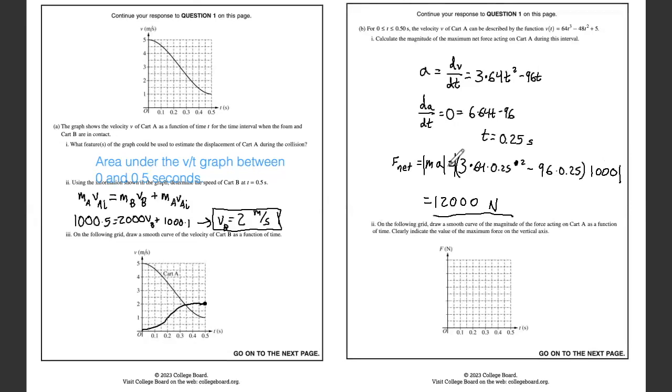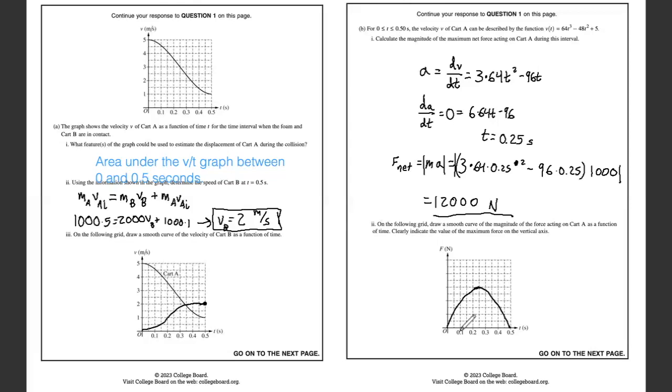because what you would expect is that the force on cart A is to the left, therefore negative. All right, well, this is a quadratic function. So if we're trying to sketch a graph of the net force on cart A as a function of time, it should be an upside down parabola.